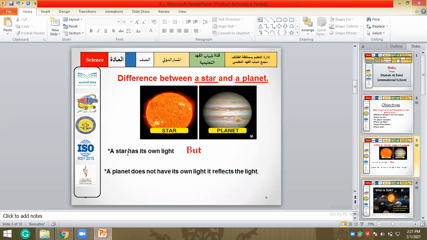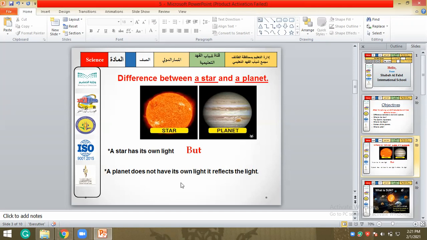Star. Okay. A star has its own light. But a planet does not have its own light. It reflects the light.